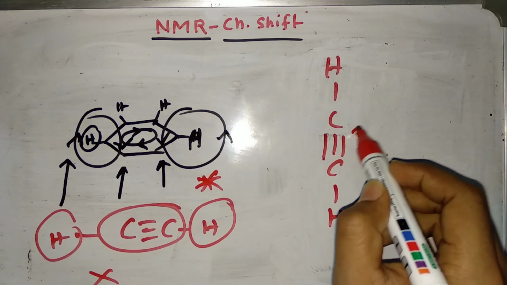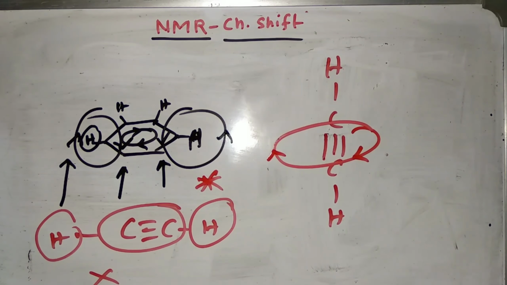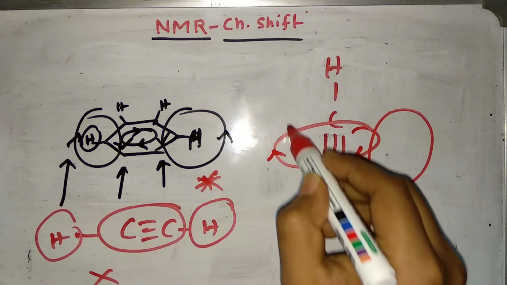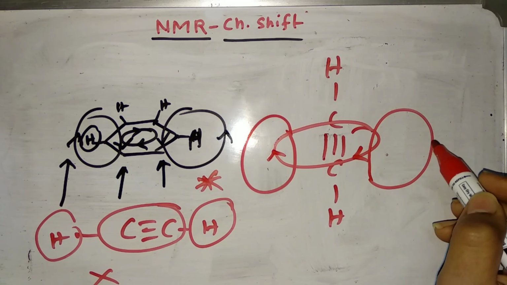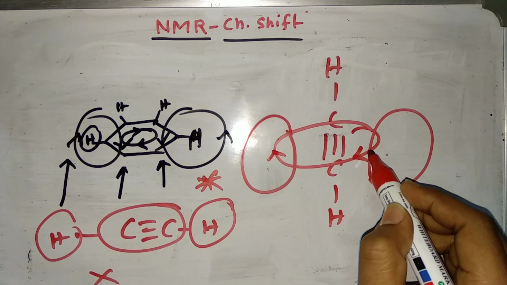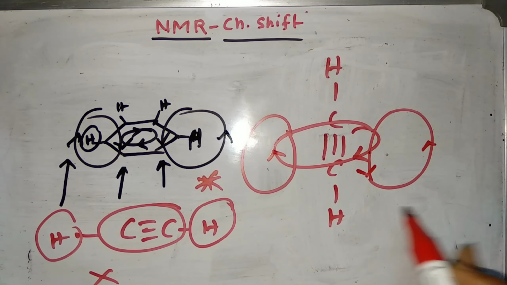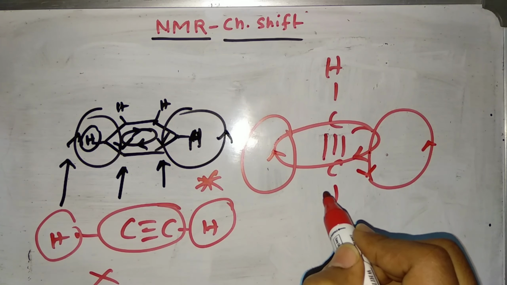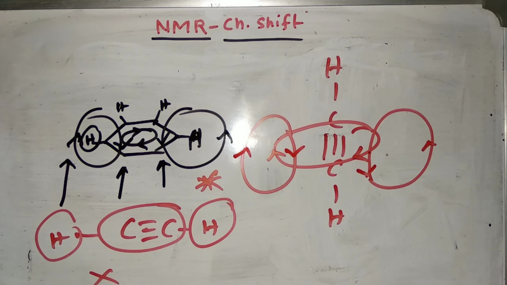For this, the circulation will be as usual clockwise rotation. Another induced magnetic field against the externally applied magnetic field will be like this near the system. It will oppose, and far away from the system it will align. So this will be the whole system in case of alkyne.